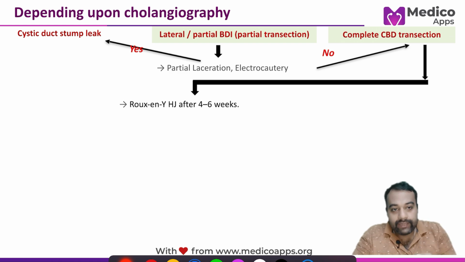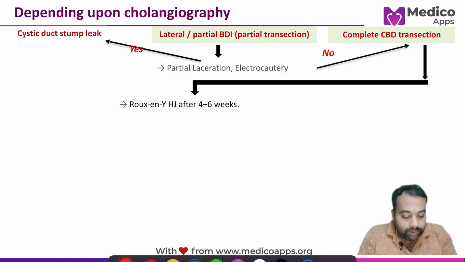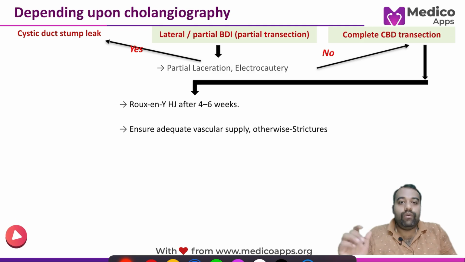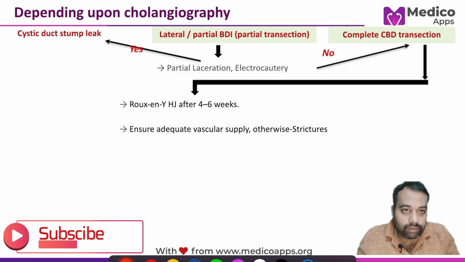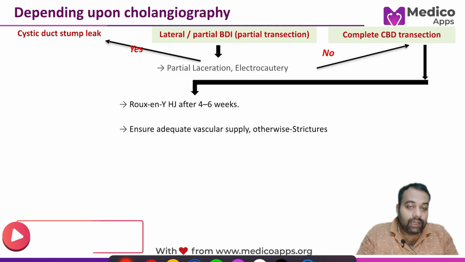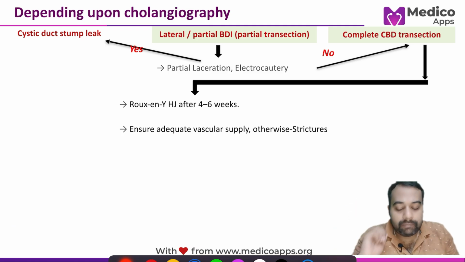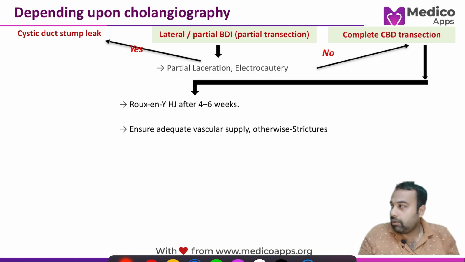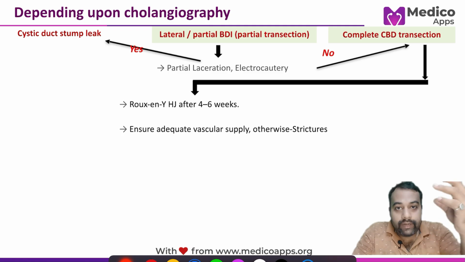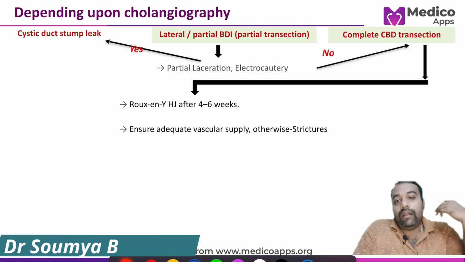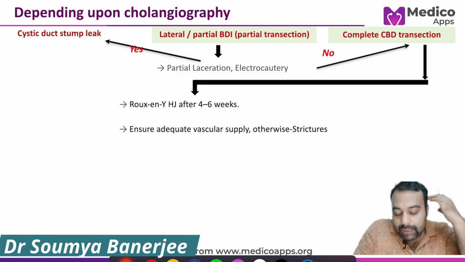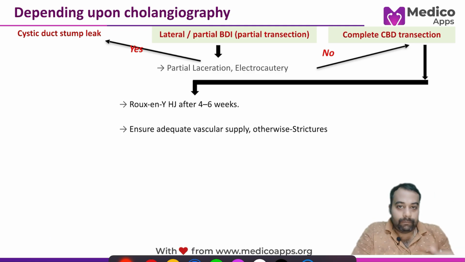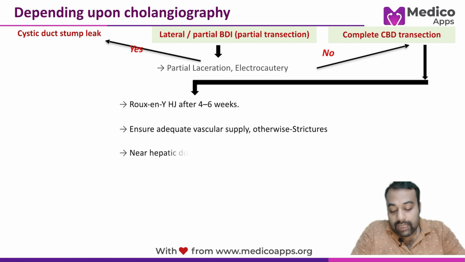In that case, always remember that your way to go is the Roux-en-Y hepaticojejunostomy, and that is supposed to be done after a minimum of 4 to 6 weeks. Always before going into the Roux-en-Y hepaticojejunostomy, you have to ensure that adequate vascular supply and biliary duct are there, because otherwise the chance of stricture formation increases.